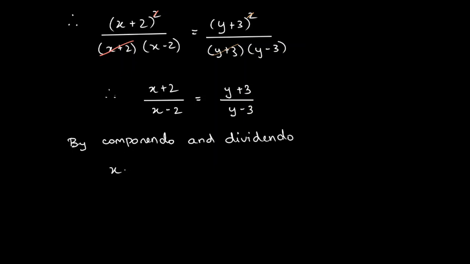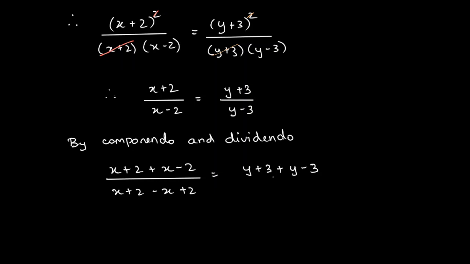My numerator here is x plus 2 plus x minus 2, and that entire thing is going to be divided by x plus 2 minus (x minus 2), right? Remember, I directly did that, I did not use the signs. Or this will be equal to y plus 3 plus y minus 3, the numerator plus denominator, upon numerator y plus 3 minus the denominator, so minus (y minus 3), right? Signs will change when I subtract.